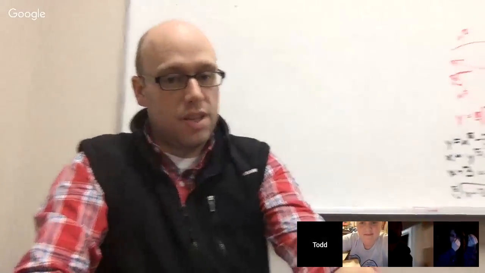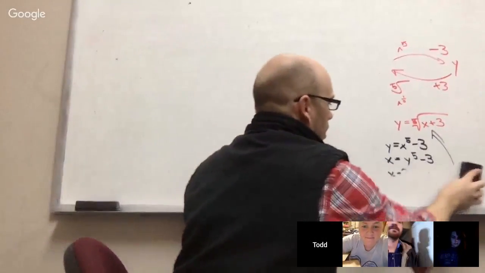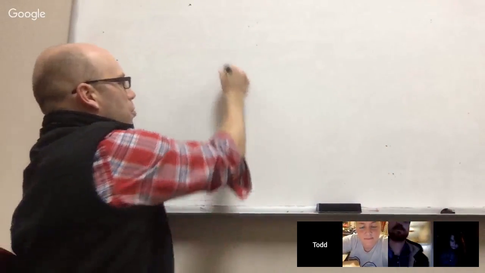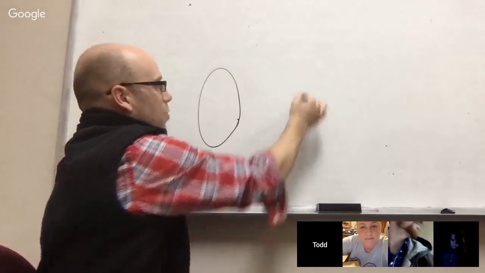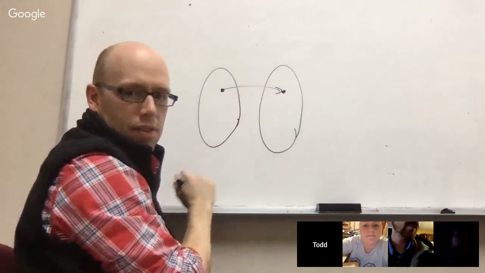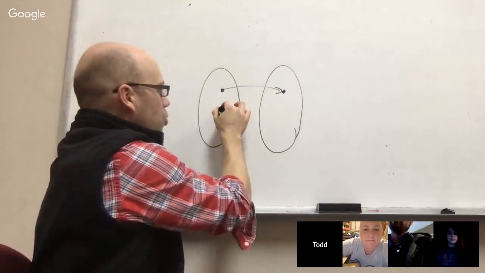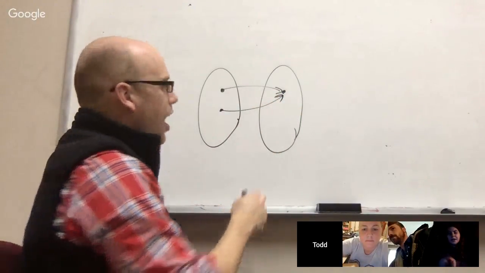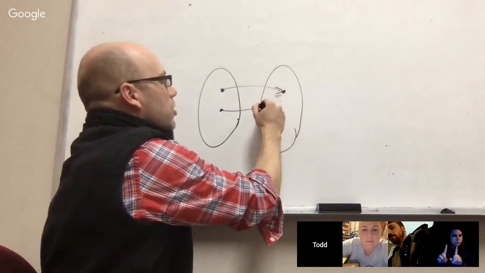That's well said. That's exactly right. Every input has to have exactly one output by definition of a function, right? But a function could do this, and it's not 1-to-1. A 1-to-1 function would not.